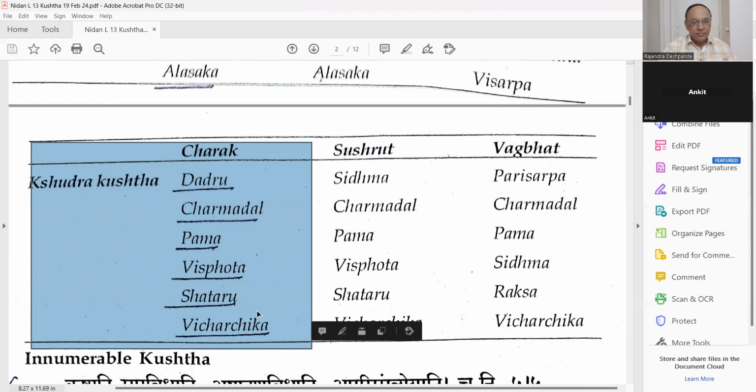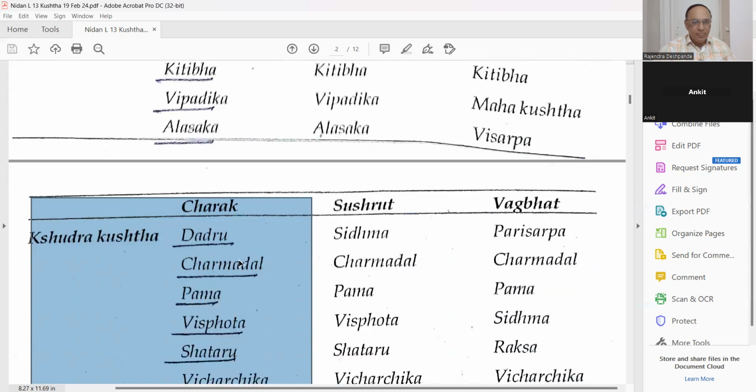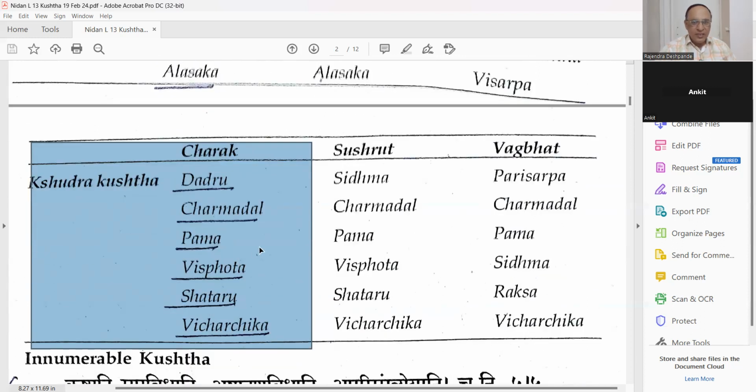Now here, for some, not all, I can give some words. For example, although it is not here, Sidhma, please write down. Sidhma is also called Shiba in Marathi. That is Tinea versicolor.